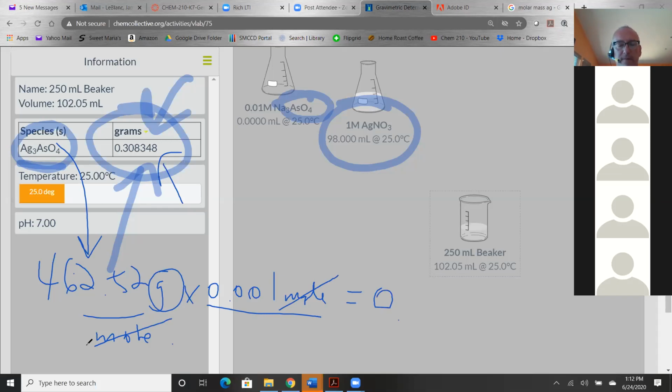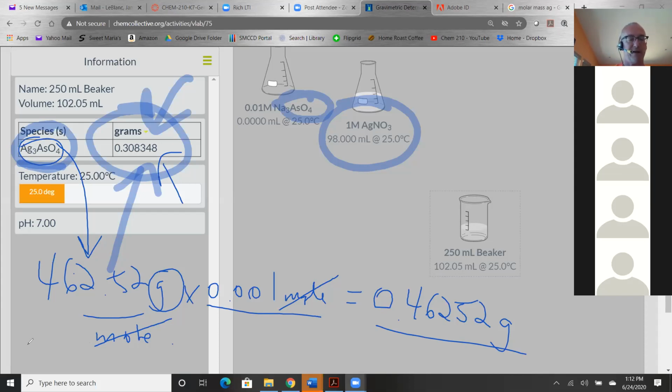What is it? 0.46252. That's right. If all of the arsenate was converted to this, we would expect to see that much precipitate, but we don't, right? We see less. So let's add some more silver.